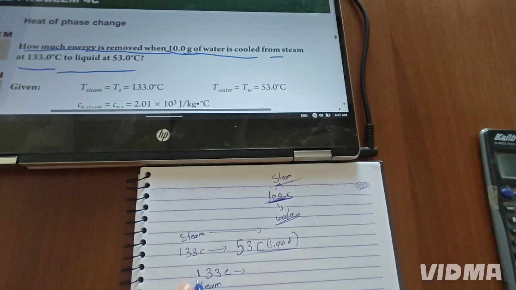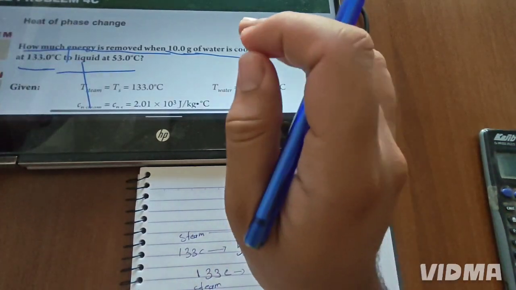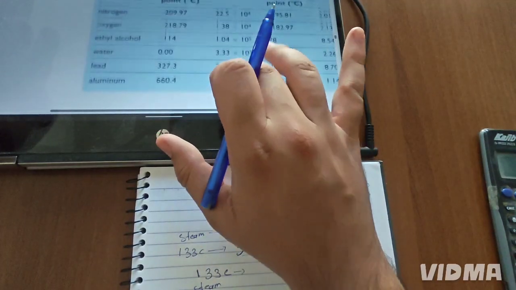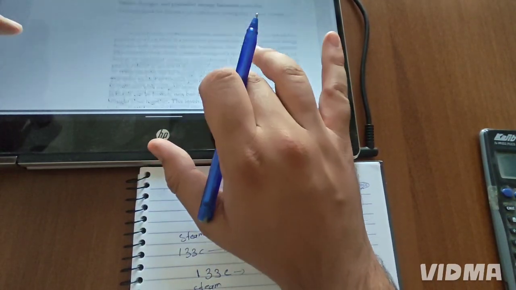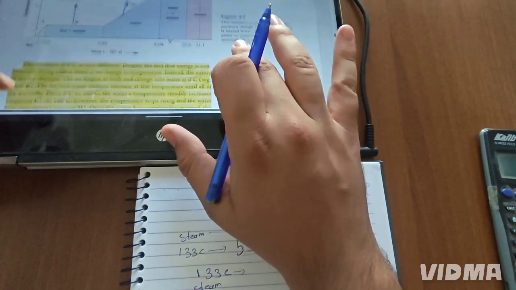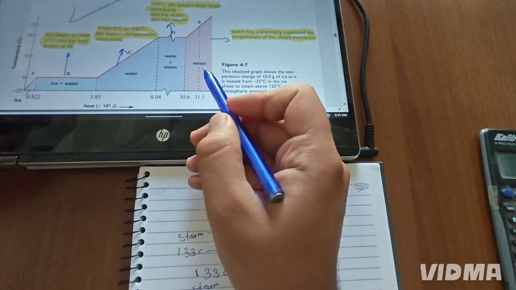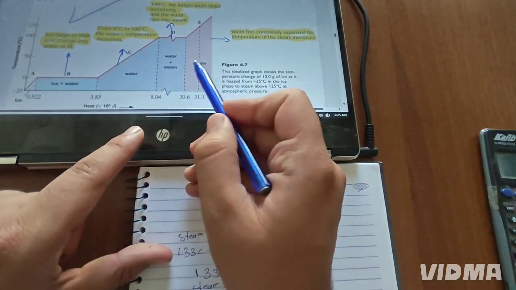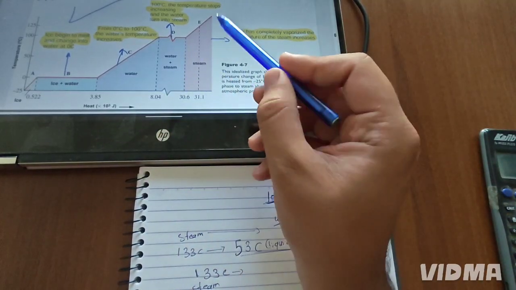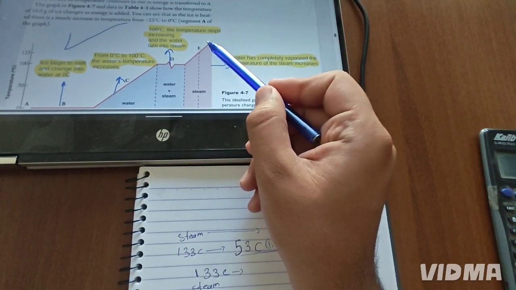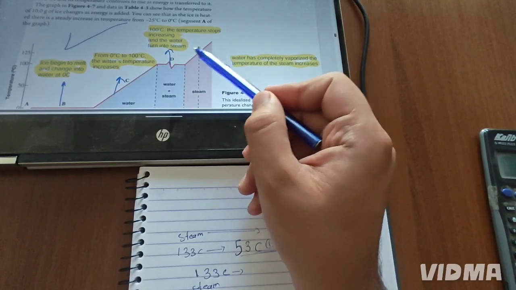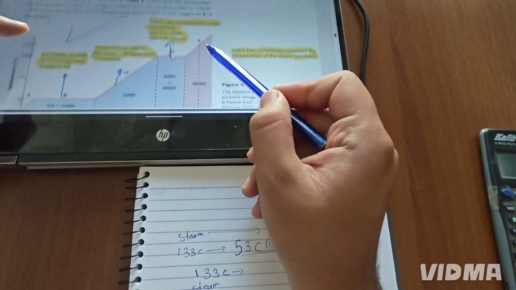The first step is from 133 Celsius, which is steam. Let me show you with the graph that we have studied. With this graph we can see how we can make steam into water. The temperature, we have to decrease the temperature from high to low. How?